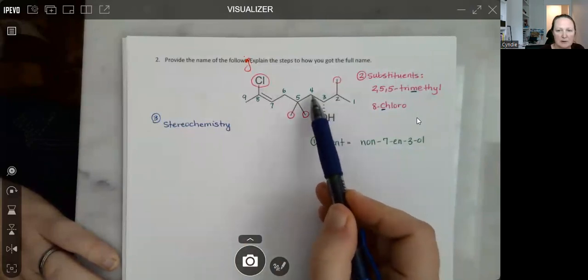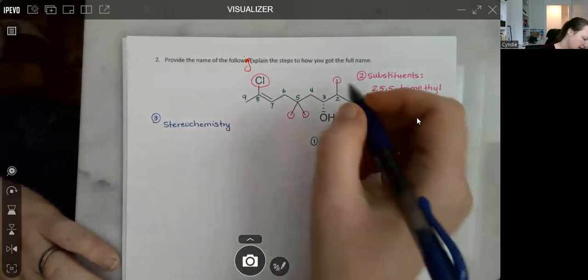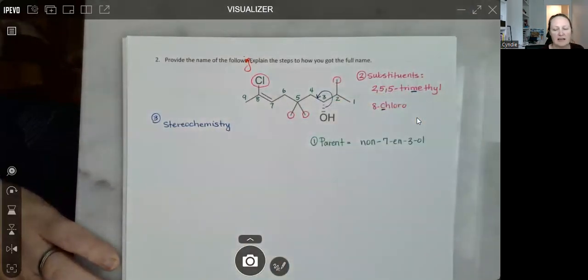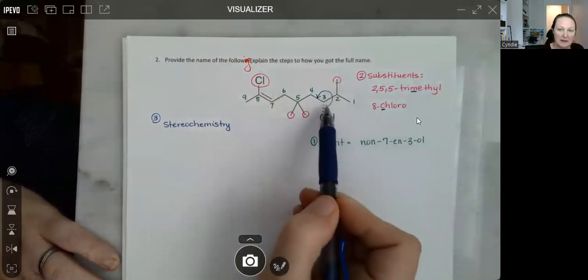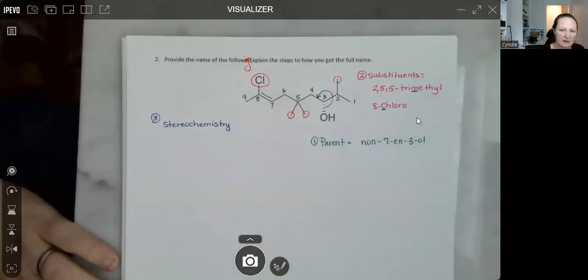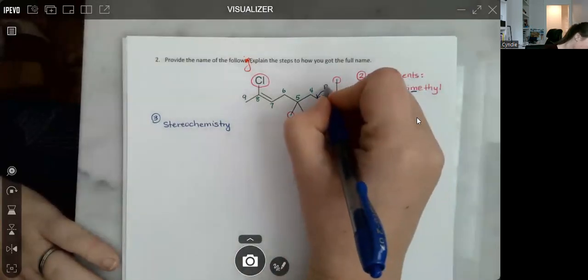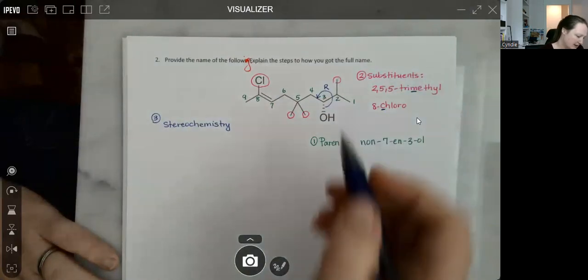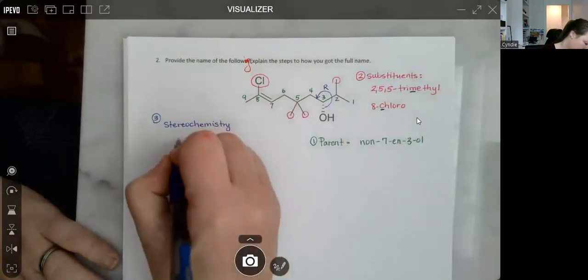This will be priority 2, and that will be priority 3. So it's going to go 1 to 2 to 3, right? That looks like a counterclockwise rotation. But remember that our 4th priority group is coming out at us, so we actually switch it to a clockwise rotation, right? So the stereochemistry here, right, is R, and that's at carbon number 3.